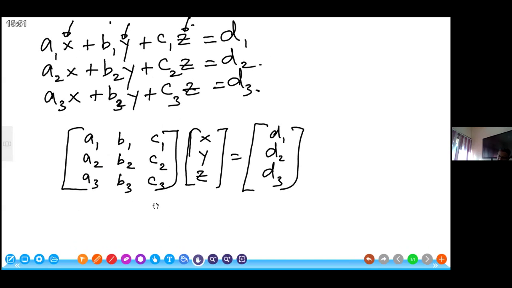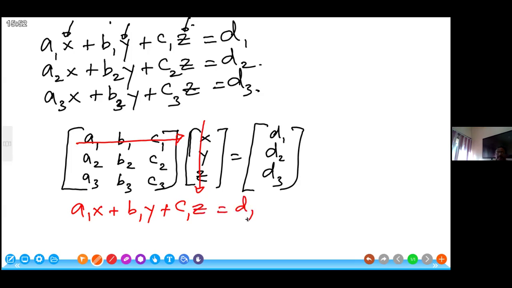Is it understandable? For example, here, when you multiply first row and the column here, that becomes a1x plus b1y plus c1z equal d1. Isn't it? Okay, we can write it like this.